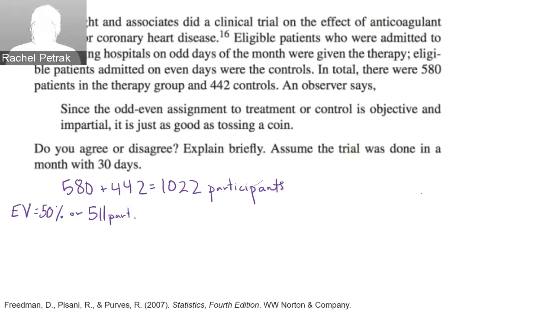And with a coin model, the expected number in the control group is 511, and the standard error would work out to be about 16, which you could work out.